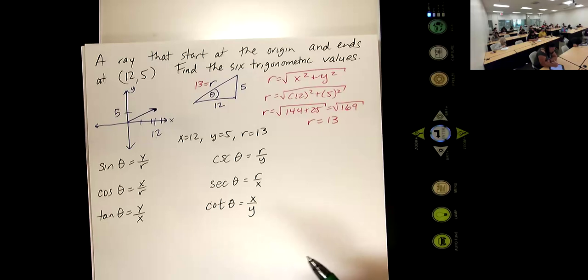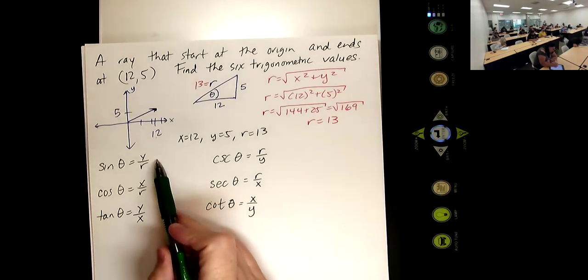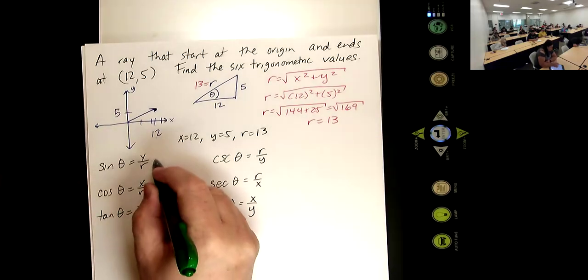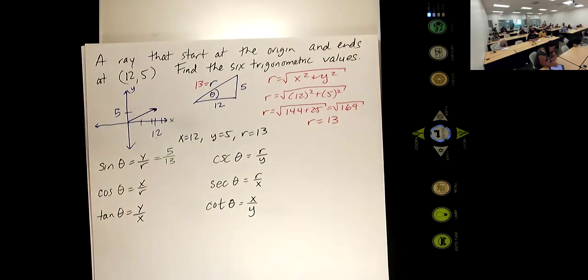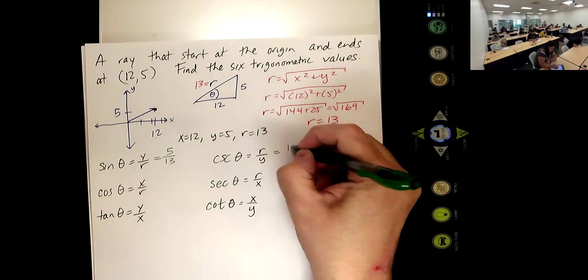So we'll plug in what we got. Sine theta is y over r, y is 5 and r is 13, which means cosecant is that upside down.